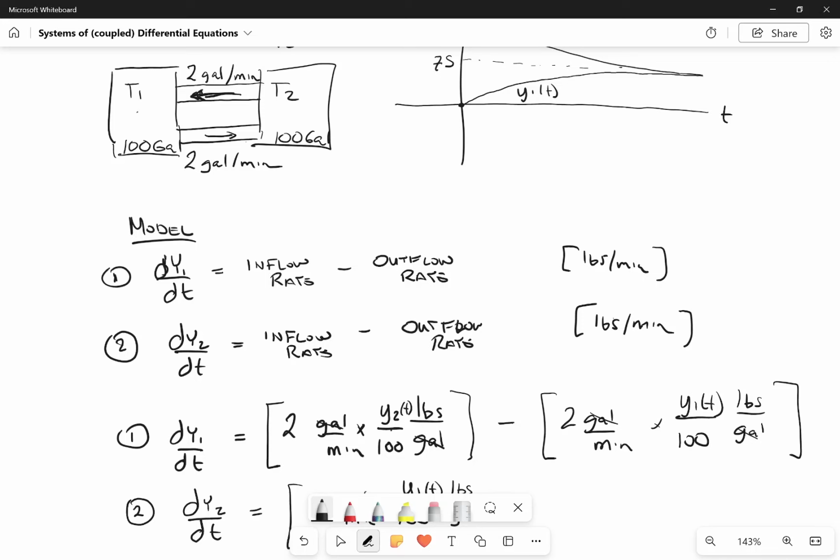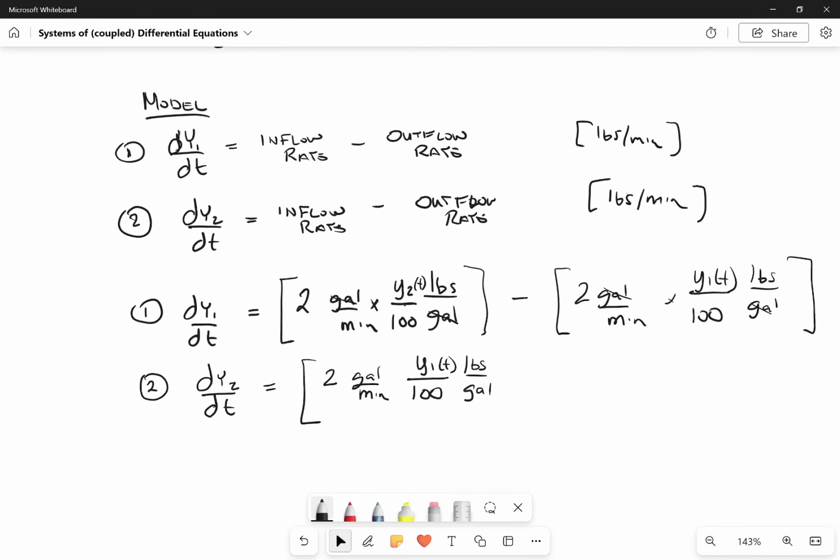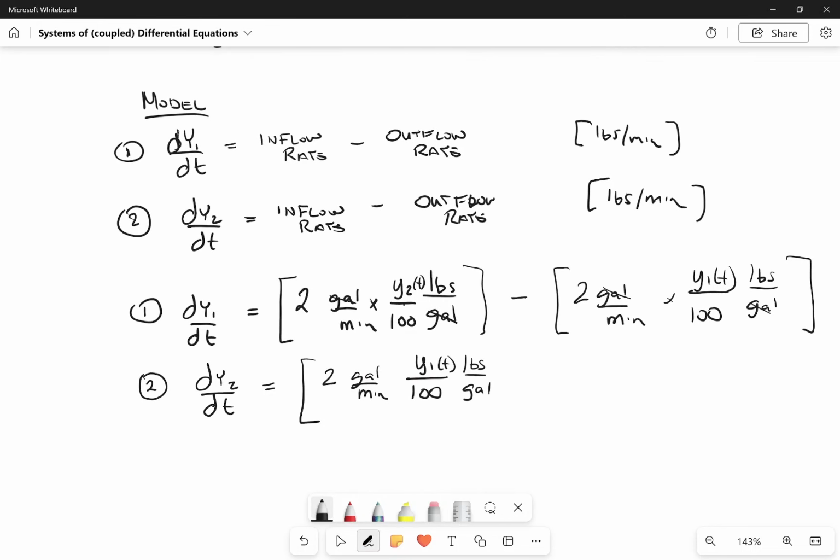You see, tank 1 has y1 of t amount of salt. Tank 2 has y2 of t amount of salt dissolved in 100 gallons. So this is the same thing. We have y1 of t dissolved in 100 gallons coming in. And again, you're going to have pounds per minute coming in to tank 2. And what's the outflow rate from tank 2?